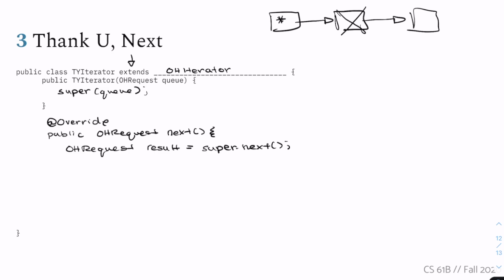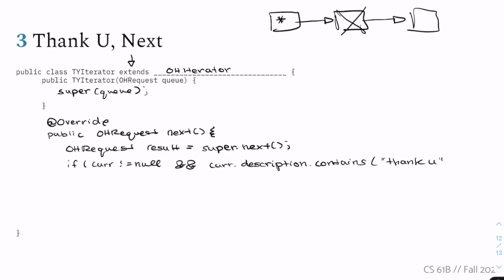And now we're going to handle our extra condition. So we'll say if, first of all, cur doesn't equal null, as in if we're not already at the end of our list, and if cur.description contains "thank you", then we're just going to skip over this node and set cur equals cur.next.